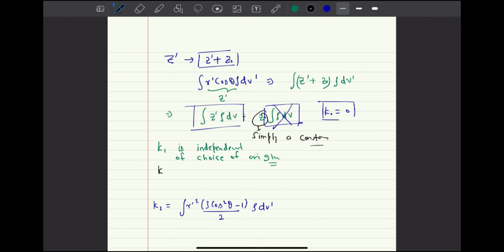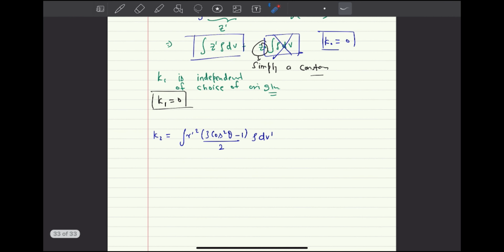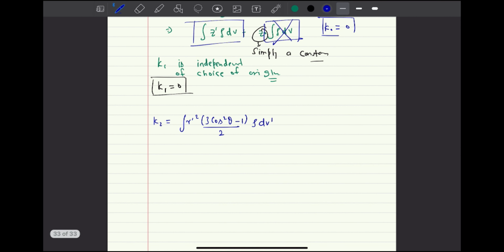If this term K1 is also 0, then we move to the next term, which is K2. It is called the quadrupole moment.